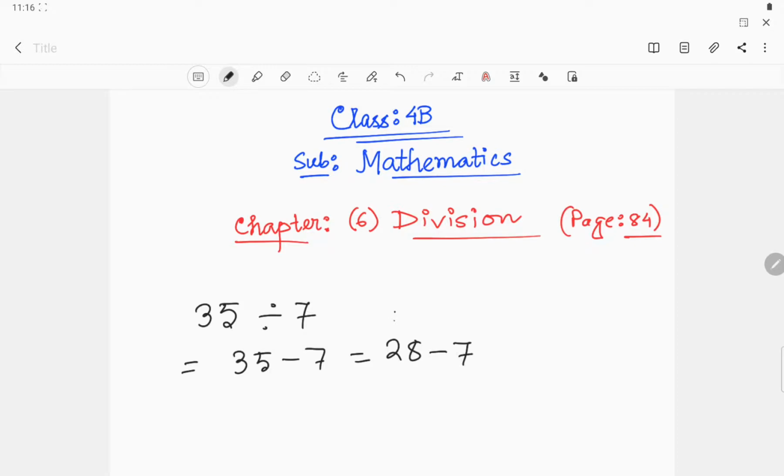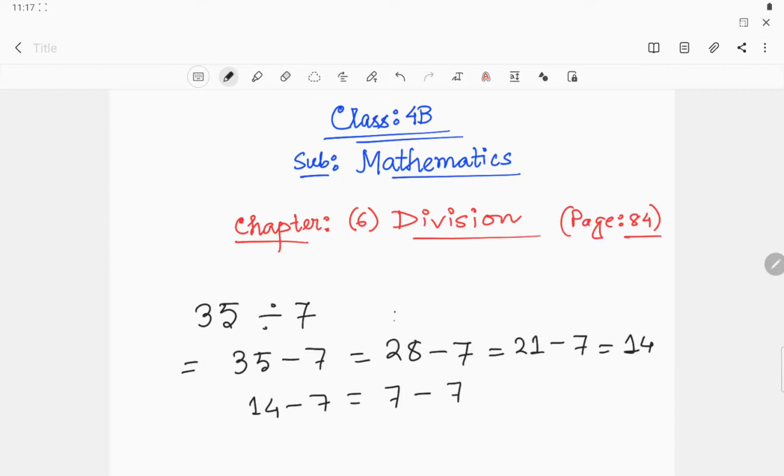Again subtract 7, you will get 21. Again you subtract 7 from 21, you will get 14. Again 14 minus 7, you will get 7, and again 7 minus 7, you will get 0. So nothing is left.